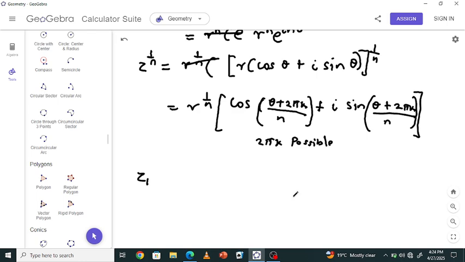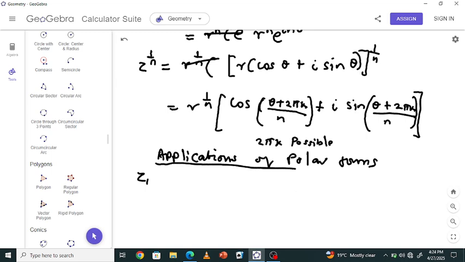We can apply them in division and multiplication. Now let's see applications of polar form. We are going to apply these applications in multiplication and division.